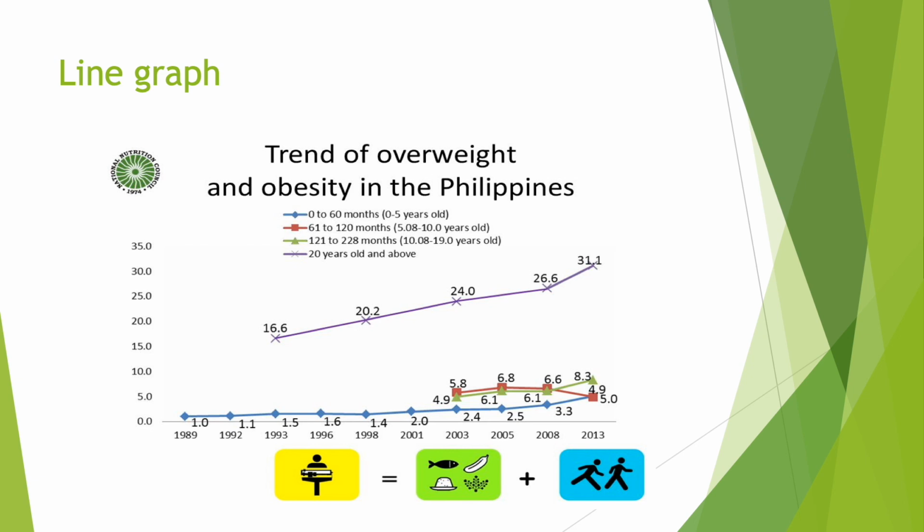This example here shows the trend of overweight and obesity in the Philippines over several years. You will notice that for certain age groups, the line graph does not extend all the way back to 1989, probably because it was only in later years when information in these age groups was started to be collected. So the x-axis here is time in years, and the y-axis is a proportion or percentage of overweight and obesity.